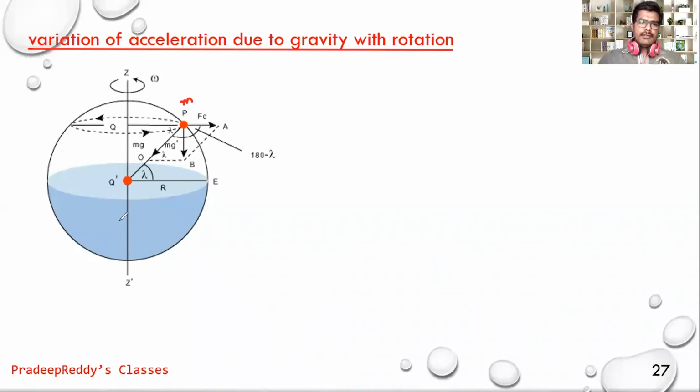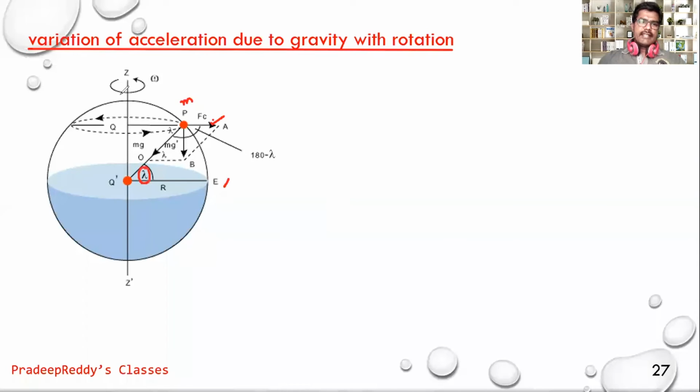Now, if we are considering acceleration due to gravity on the surface of the earth, at this point there will be a gravitational force acting downward, and a centrifugal force acting outward. We are calculating acceleration due to gravity at angle lambda with respect to the x-axis.